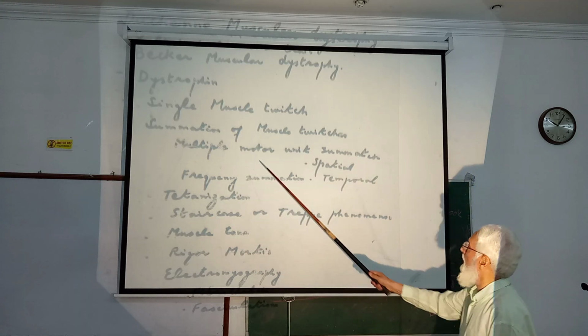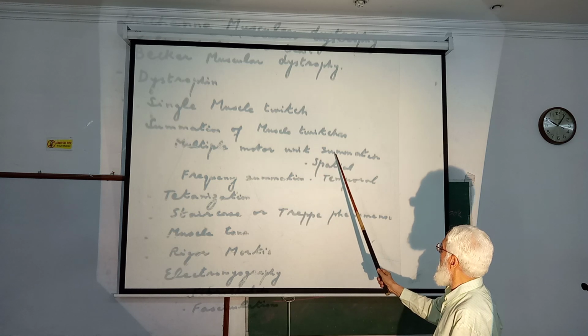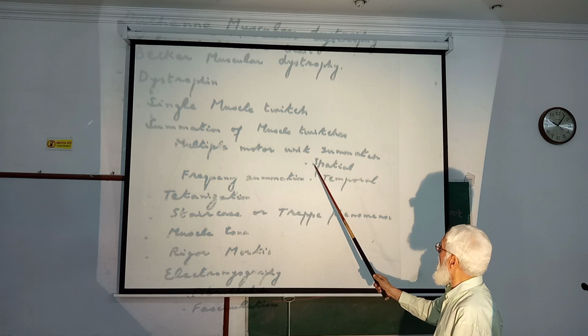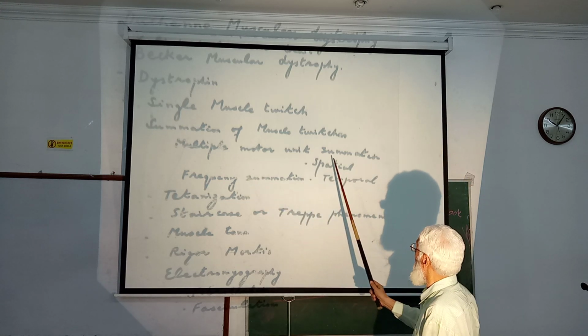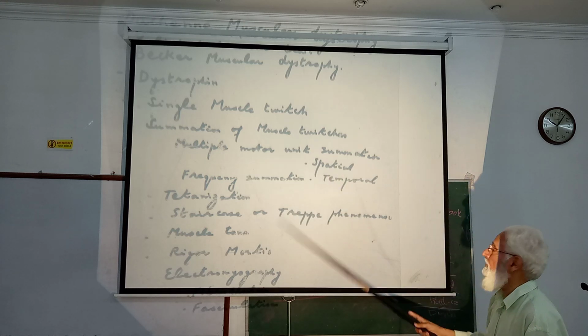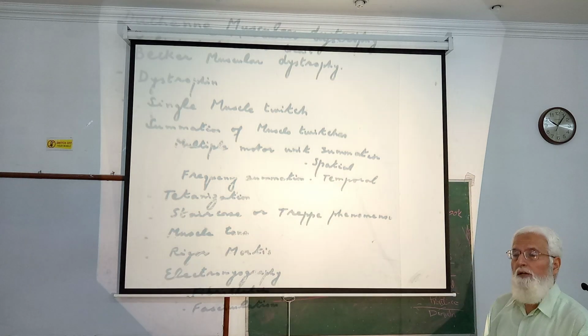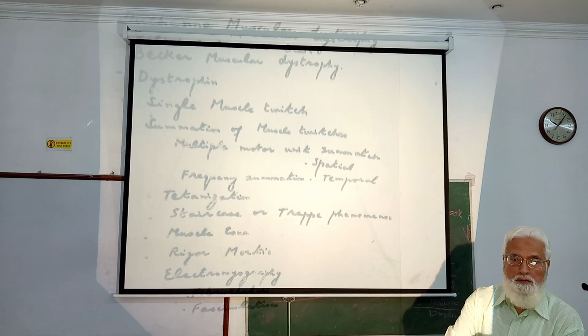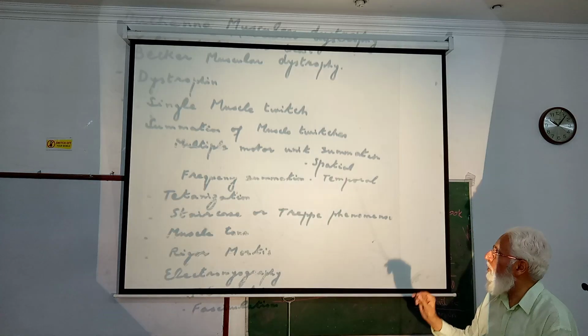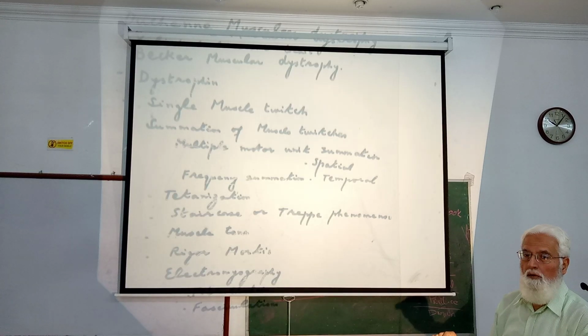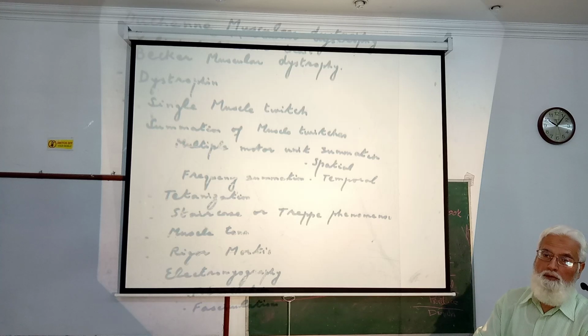The first one is multiple motor unit summation, also called spatial summation. It means that multiple motor units are excited and these contract simultaneously, not one motor unit.